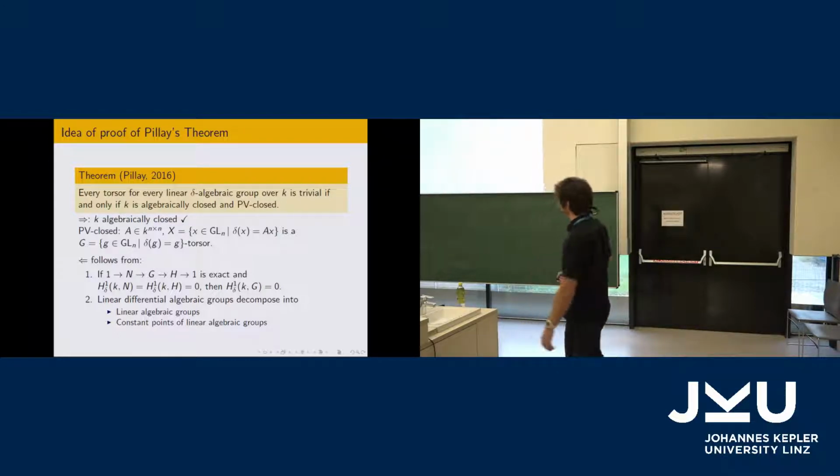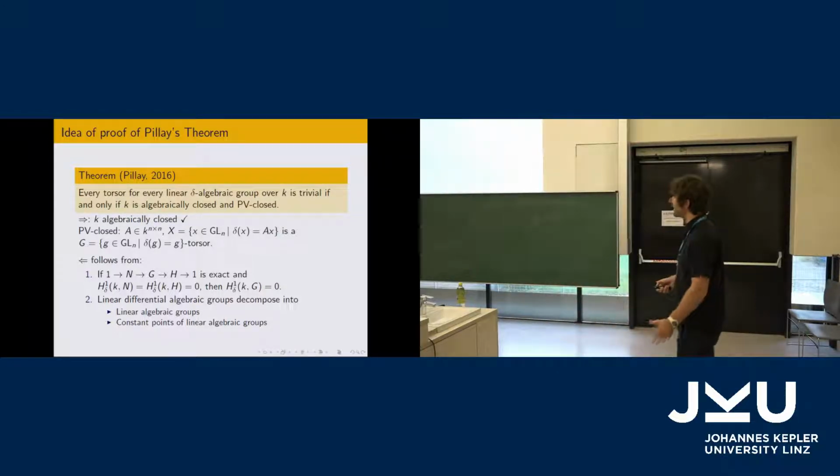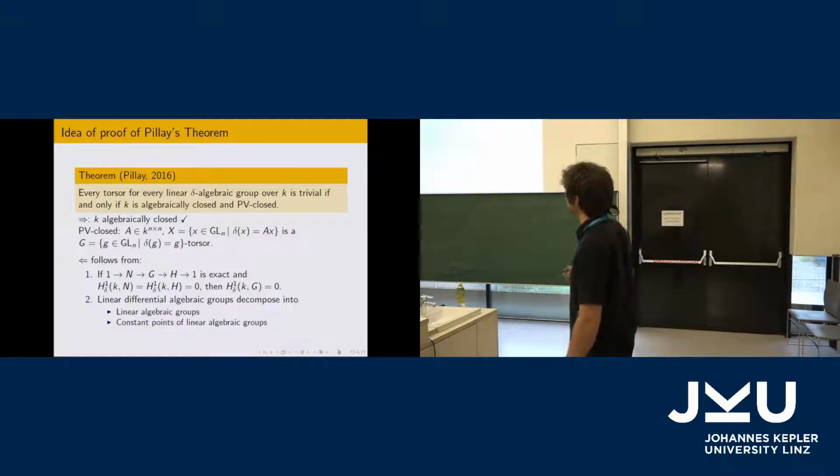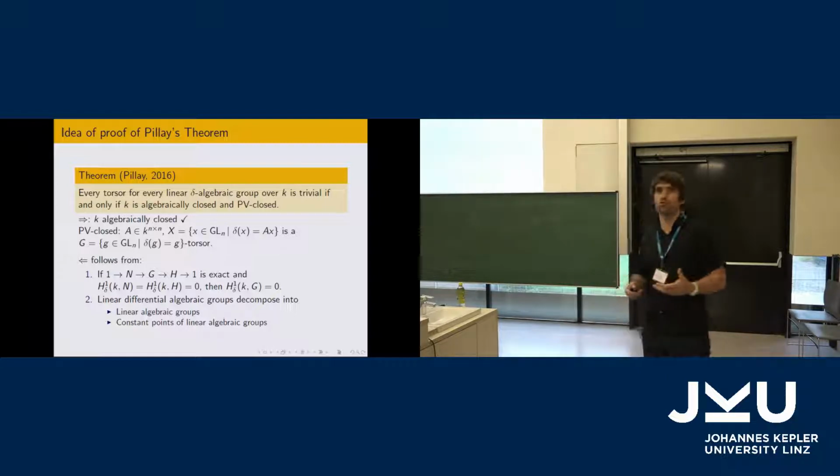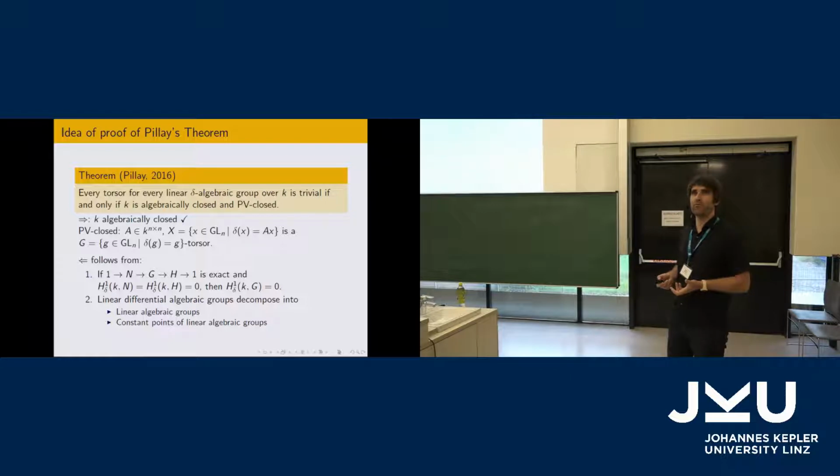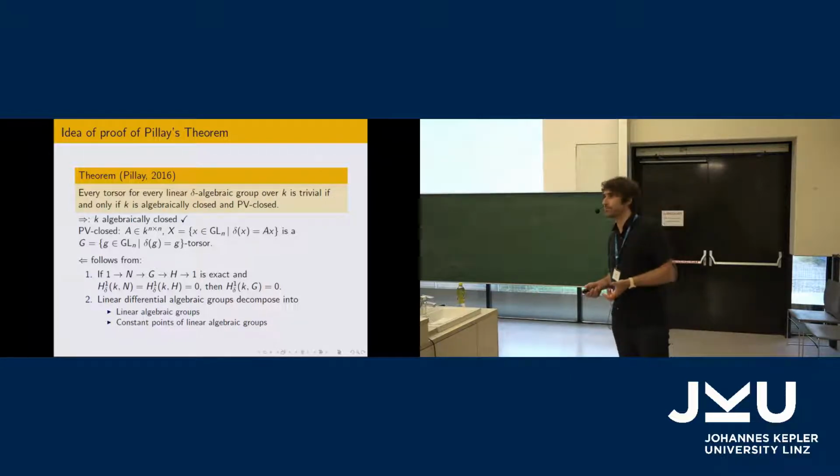Okay, and this kind of works like an induction principle. So you can use this statement to decompose the group into simpler parts, and so it suffices to prove the statement for the simpler parts.